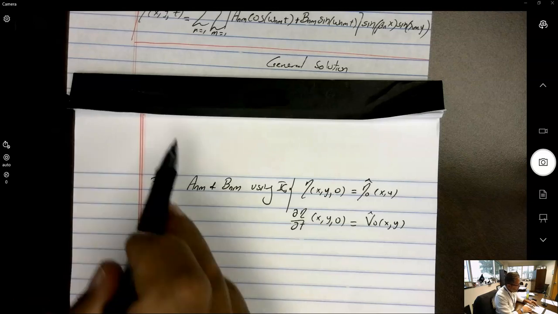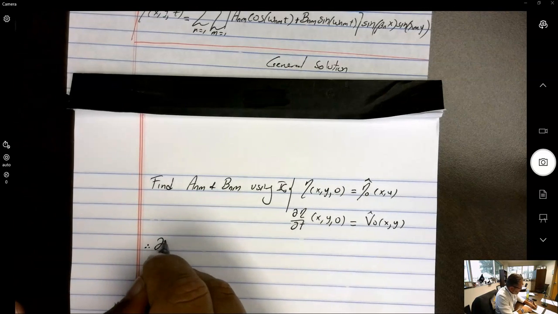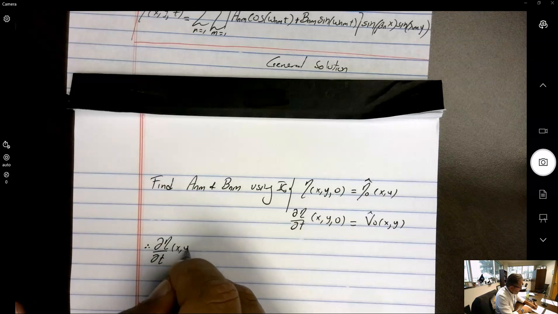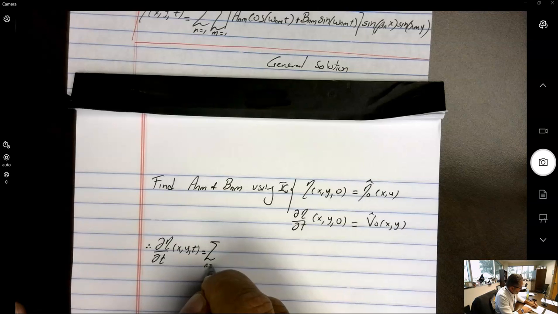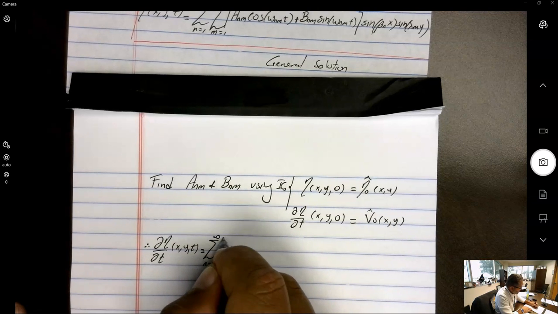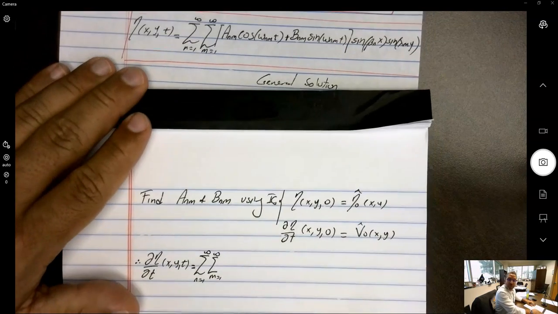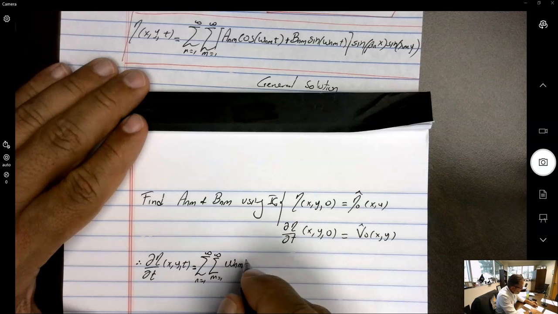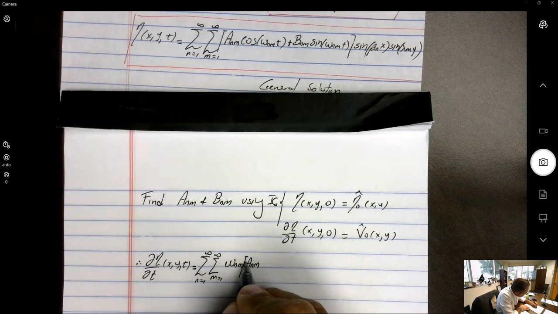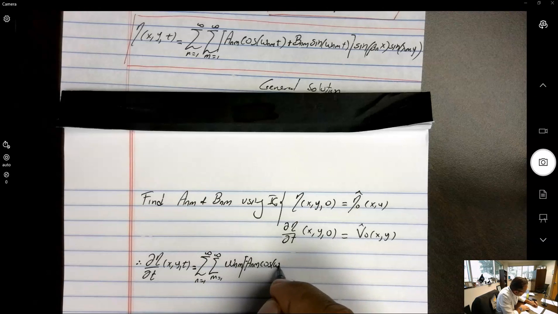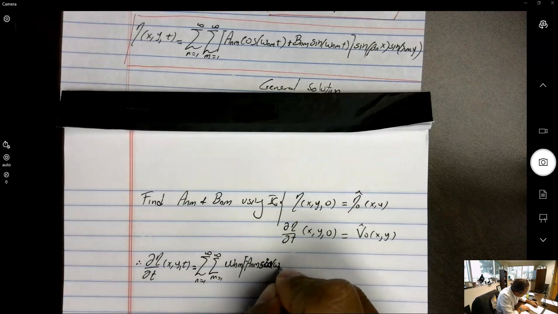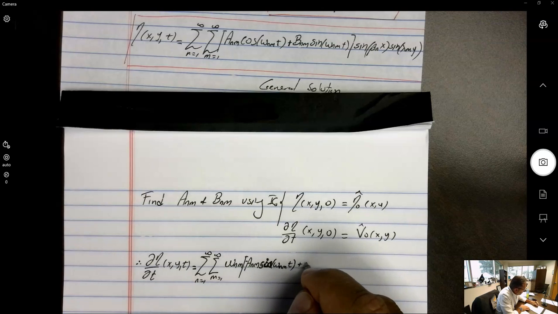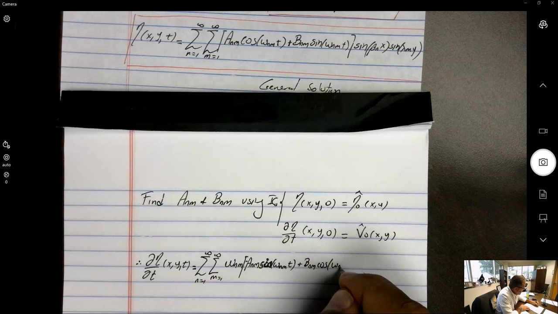So if we differentiate this, the derivative of eta with respect to time, of x, y, and t, is equal to the summation from n equal 1 to infinity, the summation from m equal 1 to infinity of, if we differentiate this expression with respect to time, we'll get omega_nm up front, multiplying a_nm times, well, this will be negative, the sine of omega_nm t, plus b_nm times the cosine of omega_nm t.